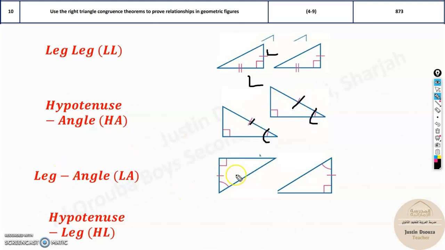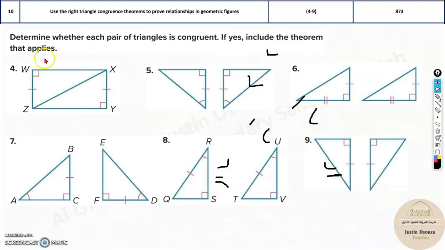Or if you have a leg and an angle, but this is important, this is the 90 degree, the leg and angle must be positioned like this, the same way over here, then we can say it is also congruent. And lastly, we have hypotenuse and a leg, that is the hypotenuse and any of the legs, and that will be congruent as well.